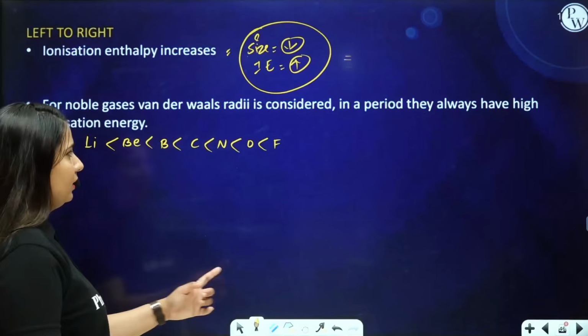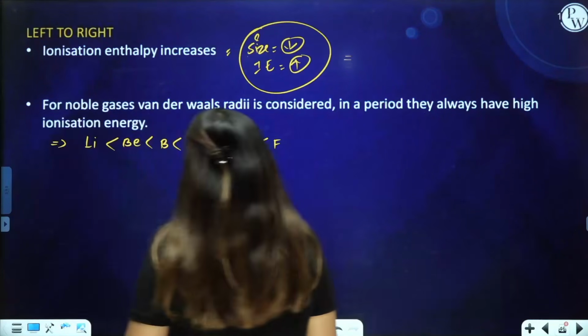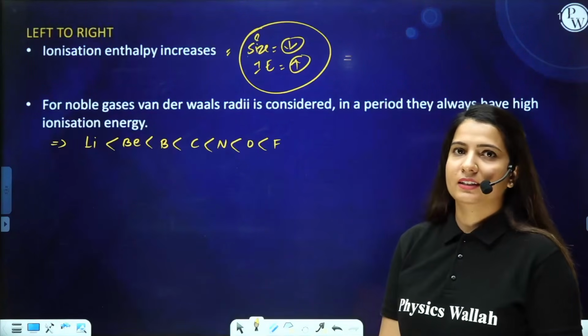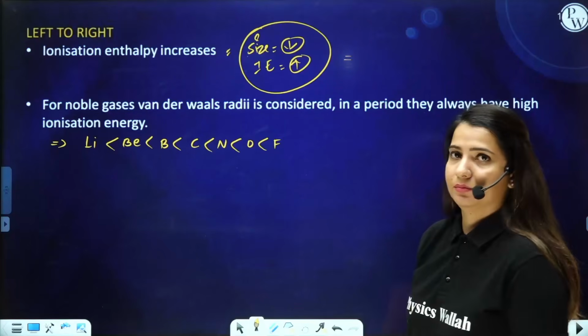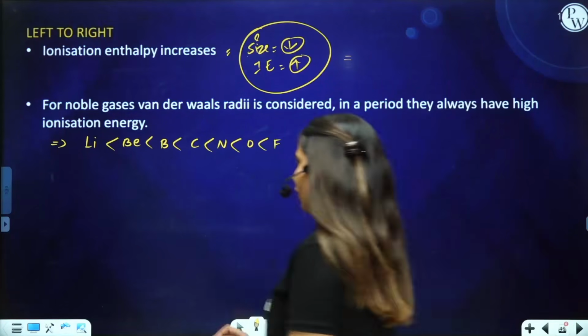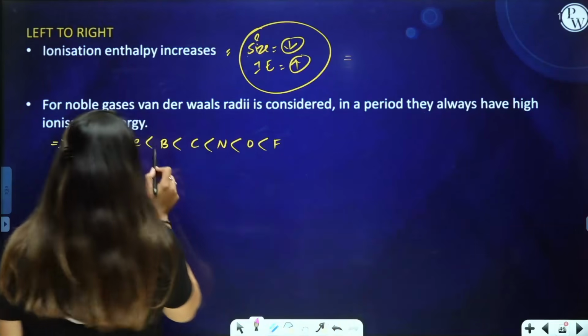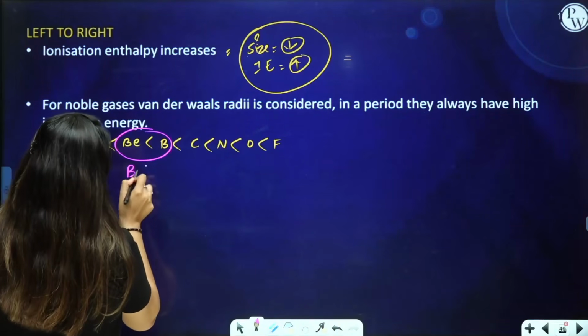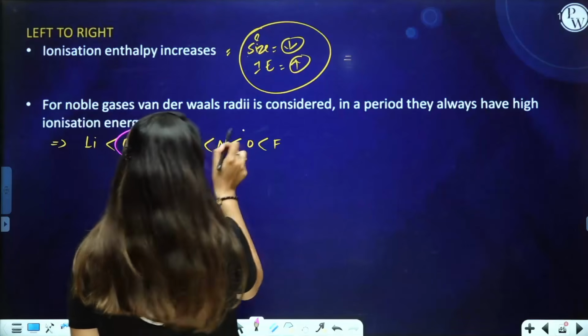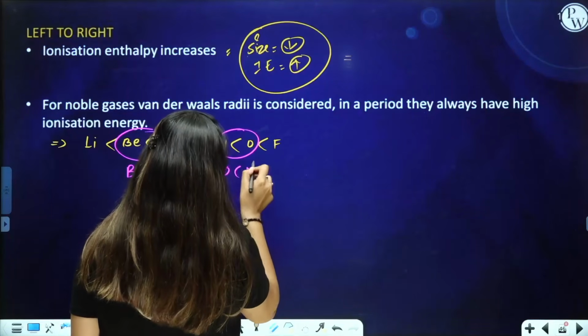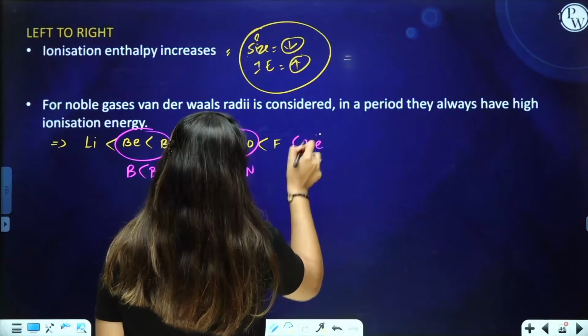If I talk about the ionization enthalpy order, so what should be the case? You will expect this, but you know that there is an exceptional order. Problem is here, the change will be boron and beryllium. Here there will be change oxygen and nitrogen, and also neon will come over here.